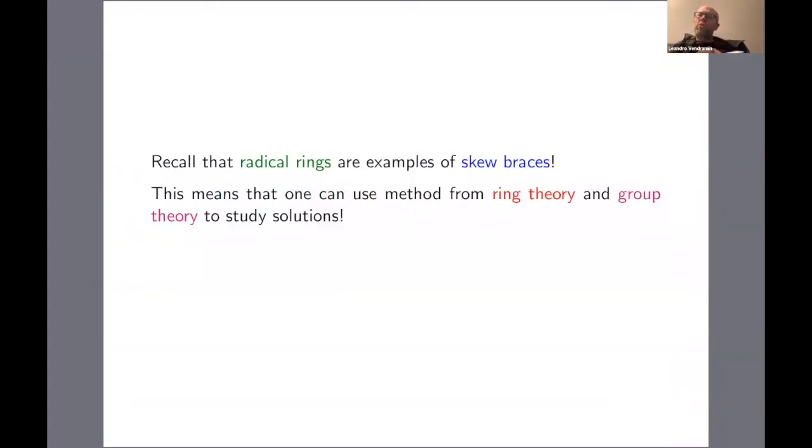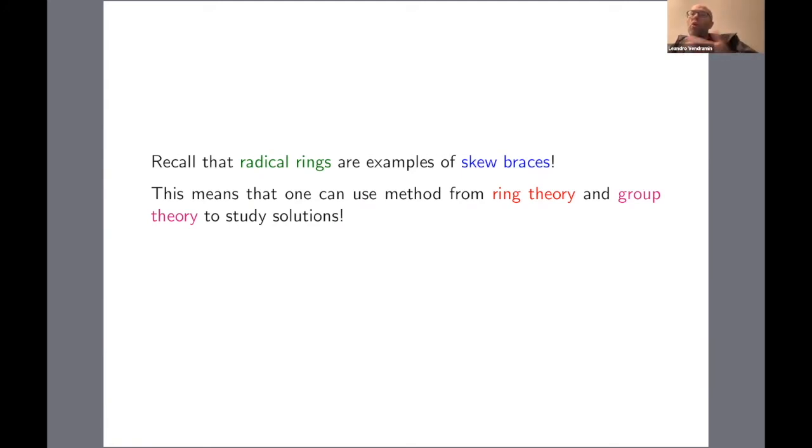Okay, but let's go back to skew braces, radical rings, and solutions, right? So you remember, we found the definition of a skew brace just trying to imitate what you get from radical rings. So this means that you can use, in some sense, ideas from radical rings to study solutions.